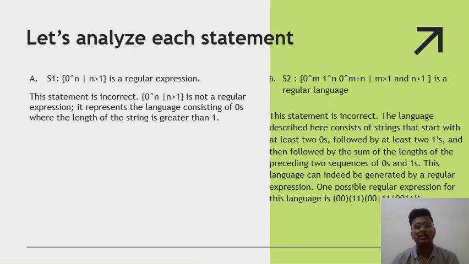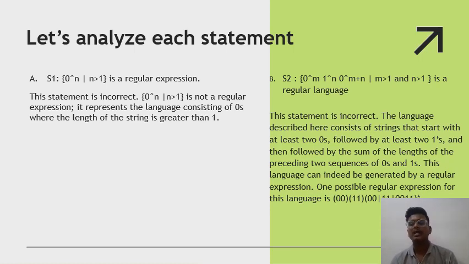So let's see, is S1 a regular expression? This statement is incorrect. It is not a regular expression. It represents the language consisting of zeros where the length of the strings is greater than 1. For S2, this statement is also incorrect.